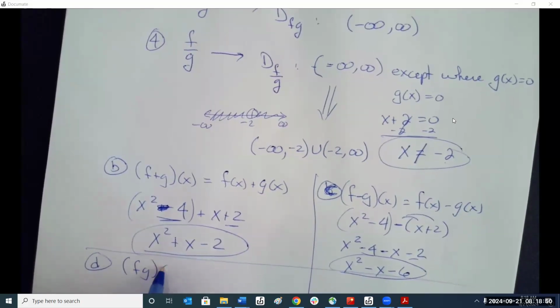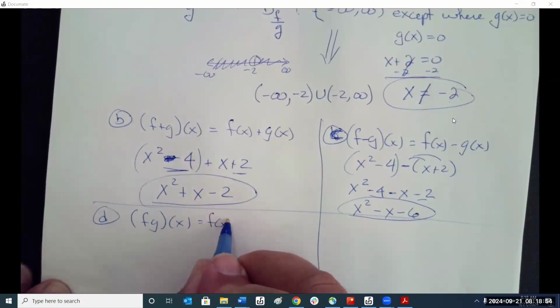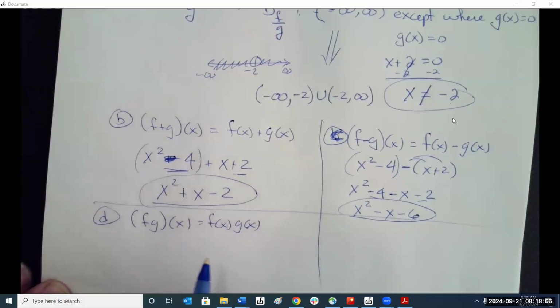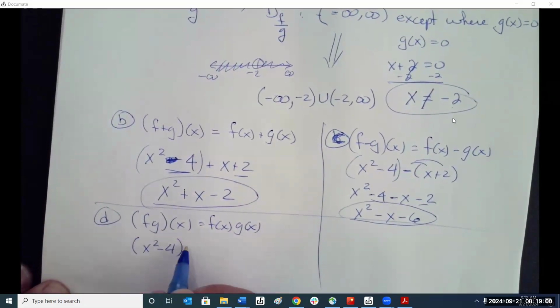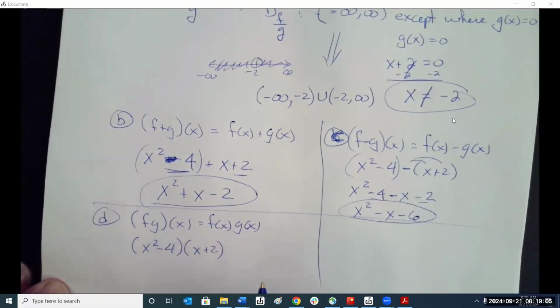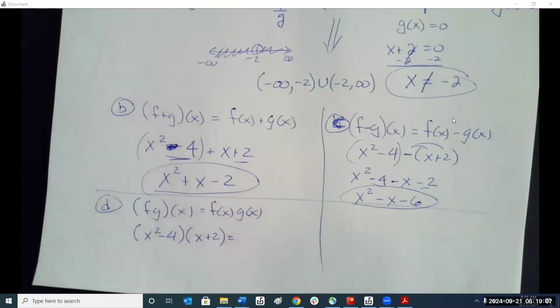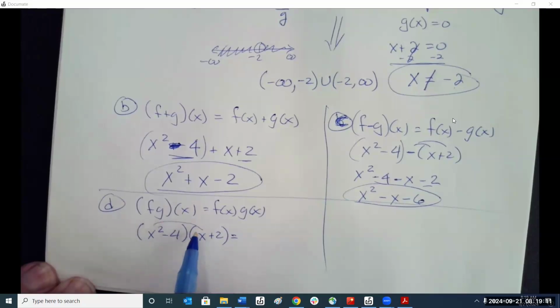F times g of x. This is f of x times g of x, which is x squared minus 4 times x plus 2. So we got to multiply everything in this first parenthesis to everything in the second parenthesis.